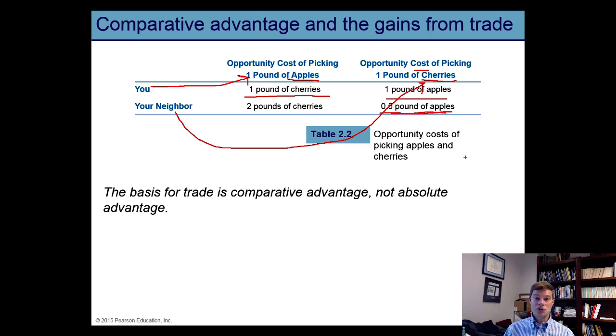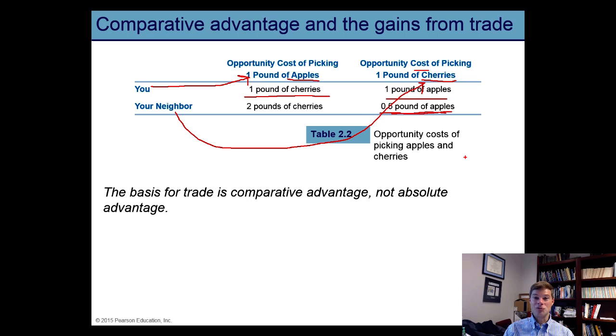The basis for trade is comparative advantage. If each individual produces that good for which they have a comparative advantage, then trade will be mutually beneficial. And here's the intuition for why. Comparative advantage gets individuals to produce more of what they're best at and less of what they're not as good at.